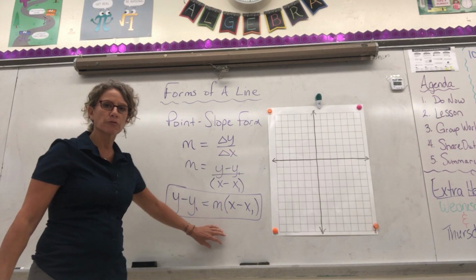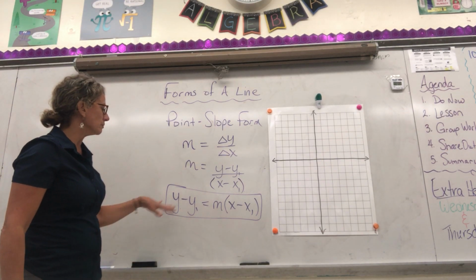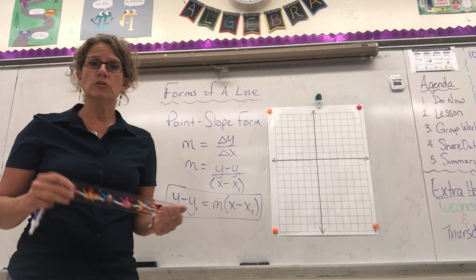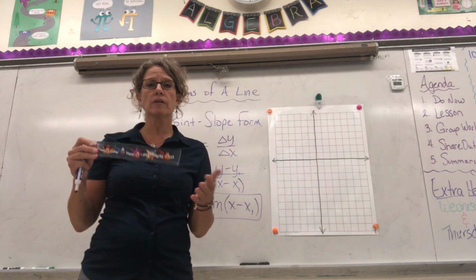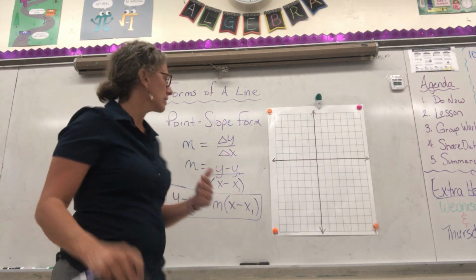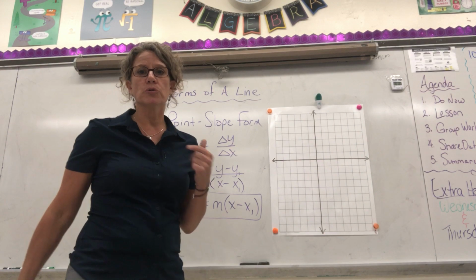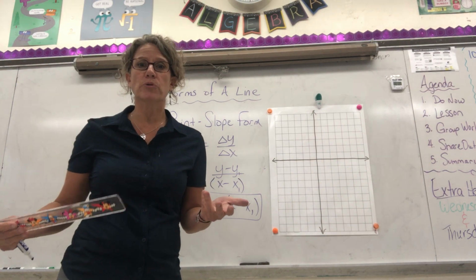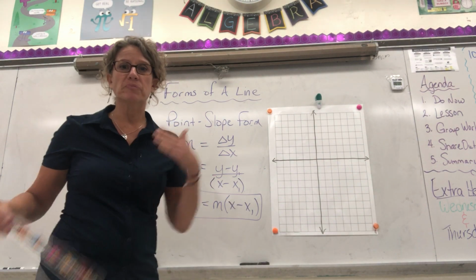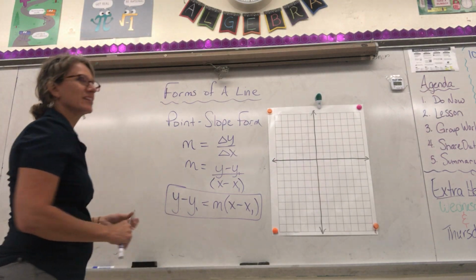This preferred form is preferred by not only Algebra 2, but pre-calculus, and has a direct relationship to calculus, which you know you're going to end up taking next year.